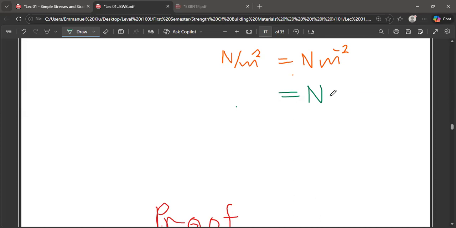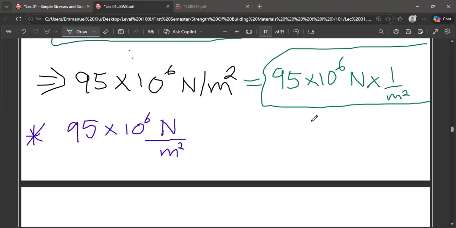Do you understand me? And so this is also written as, if you see a dot, it also means multiplication, N multiplying 1 over meter squared. I hope we all remember this concept. So from that same concept, that is what I have transferred over here.